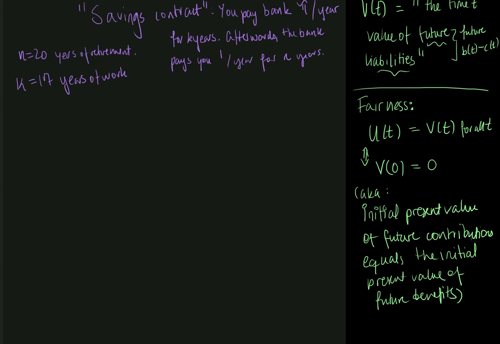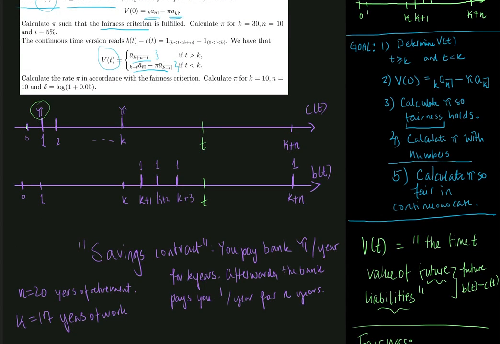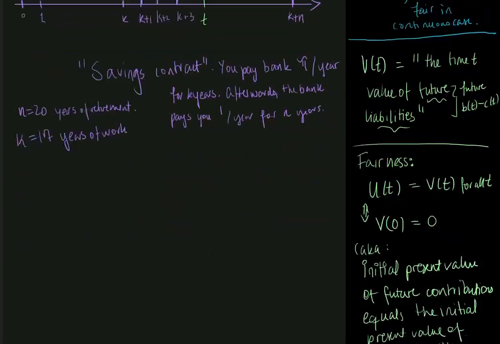And this is the way you should remember the fairness principle. It is that when you stand at time 0, then the present value of all of the future contributions should be equal to the present value of all of the future benefits, because then everything evens out.